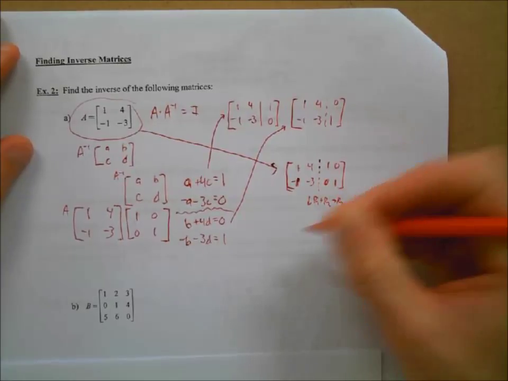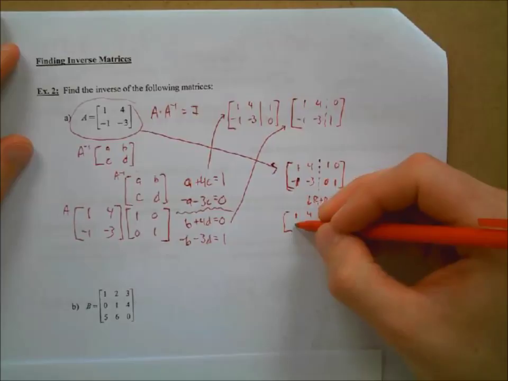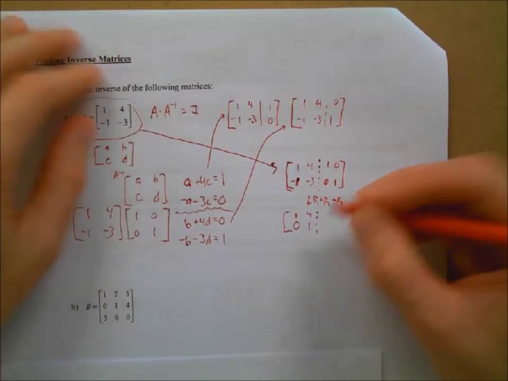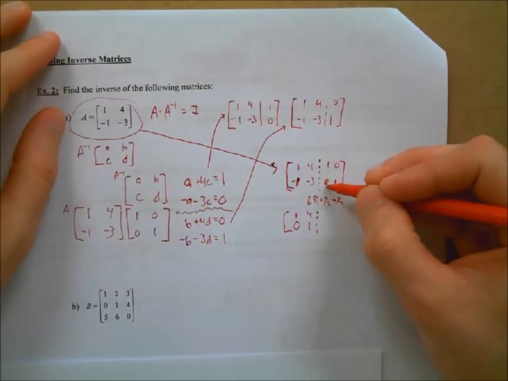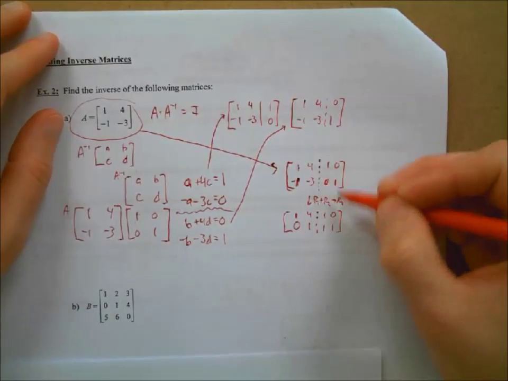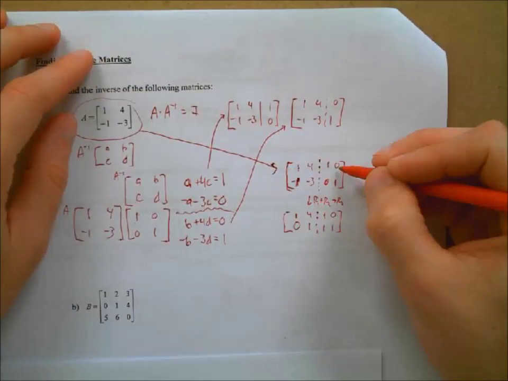So we'll still have the 1, the 4, but now it's going to be 0 there and 1 there. Oh, that's nice. And because I did that over here, I'm going to have to do the same thing here. So when I add row 1 to row 2, I'm now going to have 1, 0 up here, but I'm going to have 1, 1 down here. So you see my identity matrix is no longer identity, because I'm going to take that whole row 1 and add it to row 2.